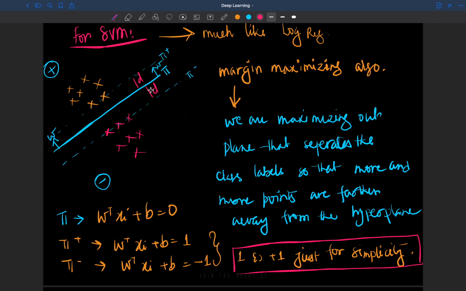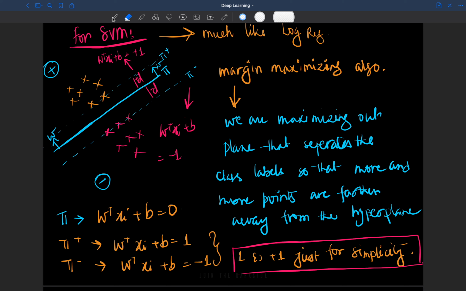This one is actually negative d because we're going to the negative side of it, and this is positive d. So our equation becomes, for the positive side, w transpose xi plus b equal to +1, and for the negative side, w transpose xi plus b equal to -1.